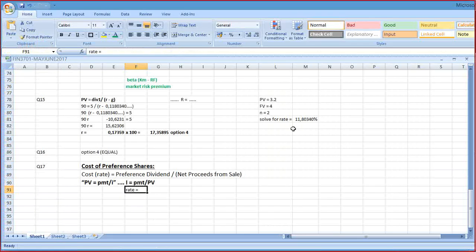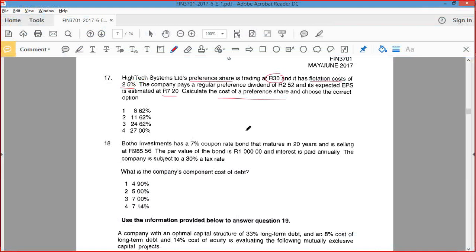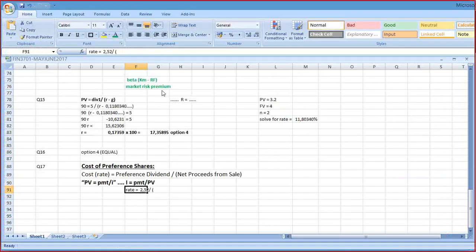It's 2.52, exactly. Divided by open brackets, net proceeds. The rate would be the dividend over the net proceeds.